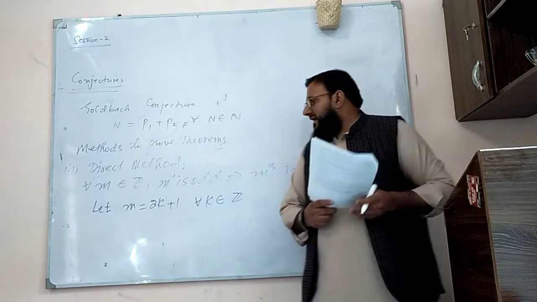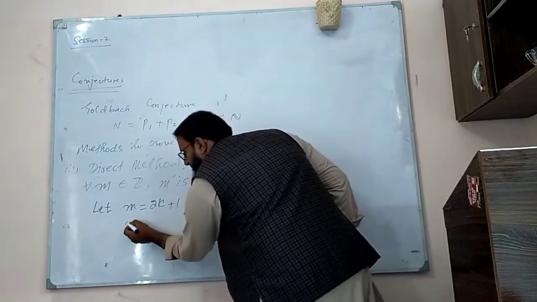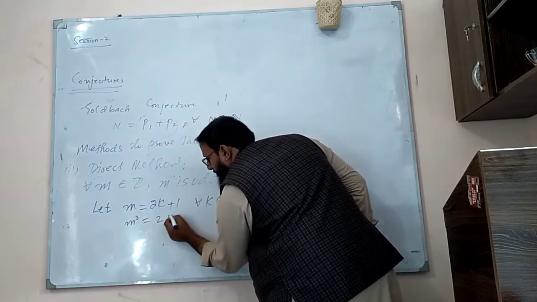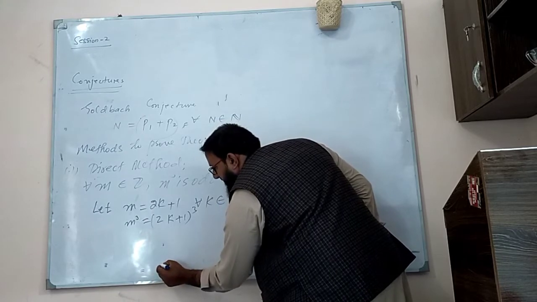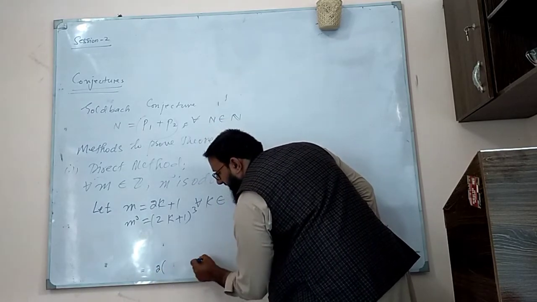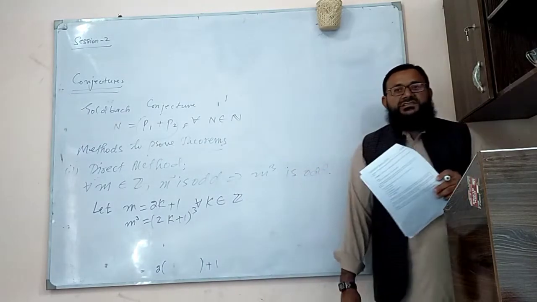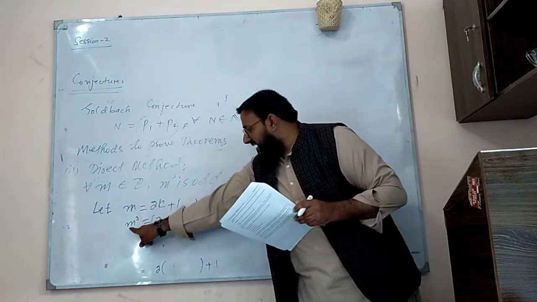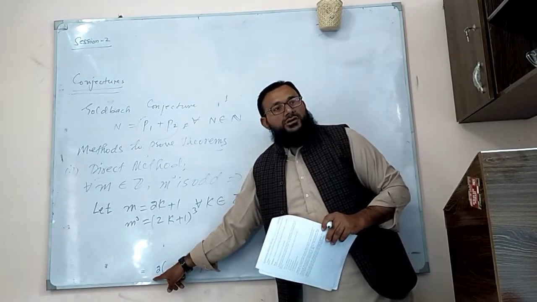Then you have to cube this thing, 2k plus 1 whole cube, and deduce something like 2 times something plus 1. The result must be this. It means m cube will be equal to this, and this is the form of an odd number.